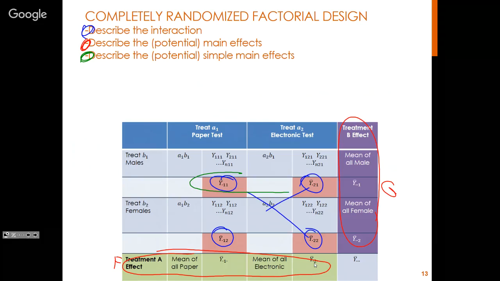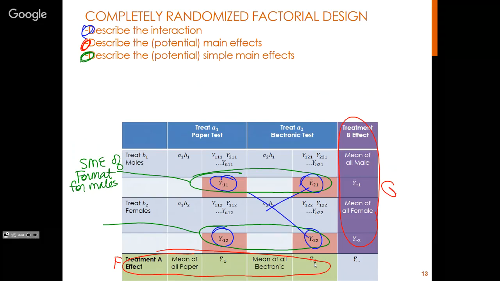So this comparison right here would be the simple main effect of format, because format is changing, paper or electronic, for males only. And then this comparison here is a simple main effect of format on only females. Good.